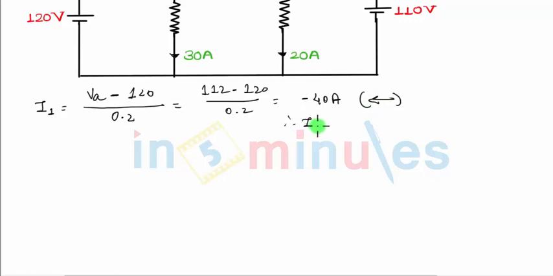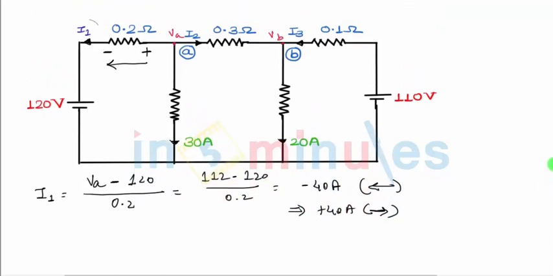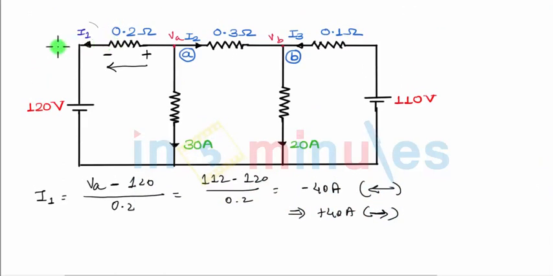I can also write the value of I1 as plus 40 amperes, mentioning its direction towards right. But this will not be the correct answer as per the given direction, because they have mentioned the direction towards left. So we have to stick to the direction, and as per that, the correct answer that we must mention is minus 40 amperes. But if you just want the current in this branch, then it is also plus 40 amperes flowing towards right. So that's the first current, I1.